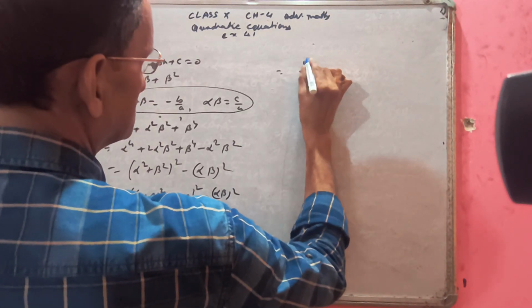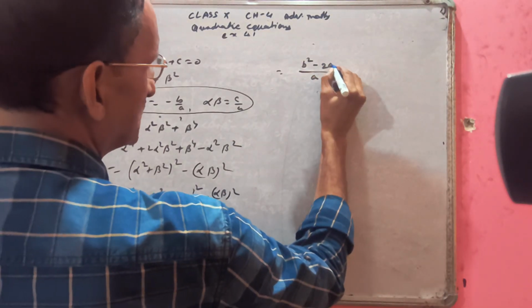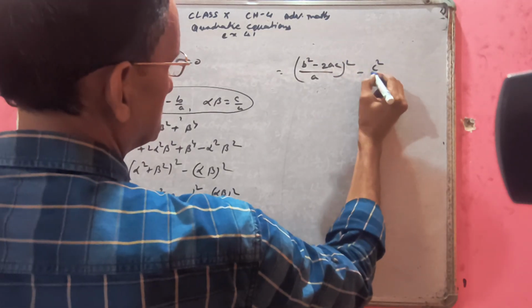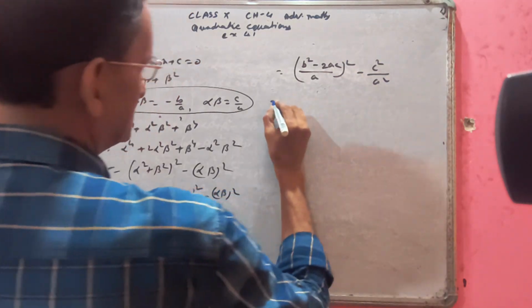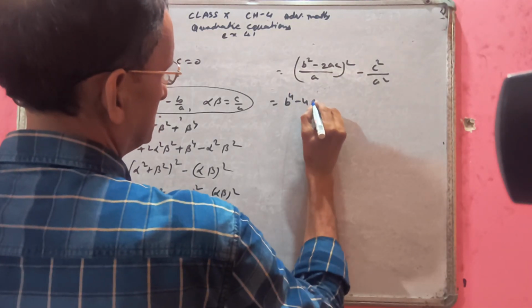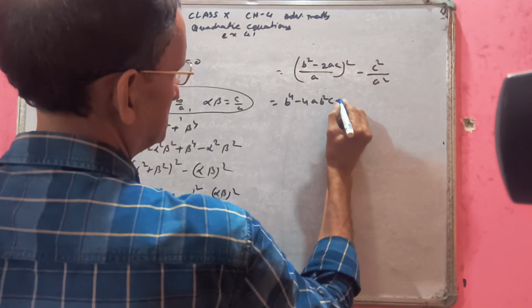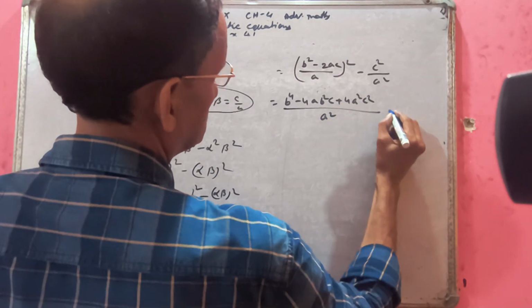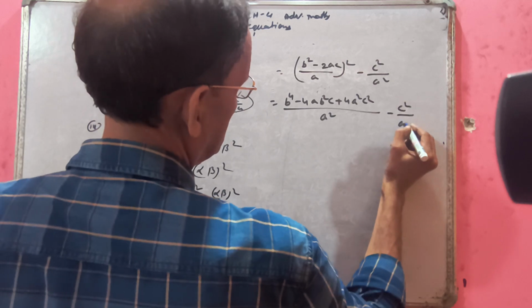So here what will be here? B square minus twice ac whole square minus c square by a square. So this is a minus b whole square formula, b4 minus 4 a b square c plus 4 a square c square by a square minus c square by a square.